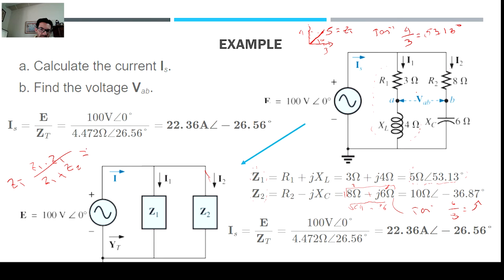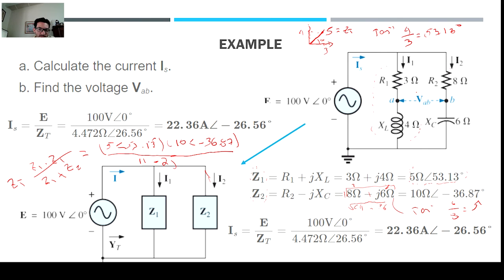So this is 5 with a phase shift of 53.13 times Z2, which is 10 at a phase shift of negative 36.87, divided by our 3 plus 8, which is 11 in the real domain, and 4 minus 6, which is negative 2j.